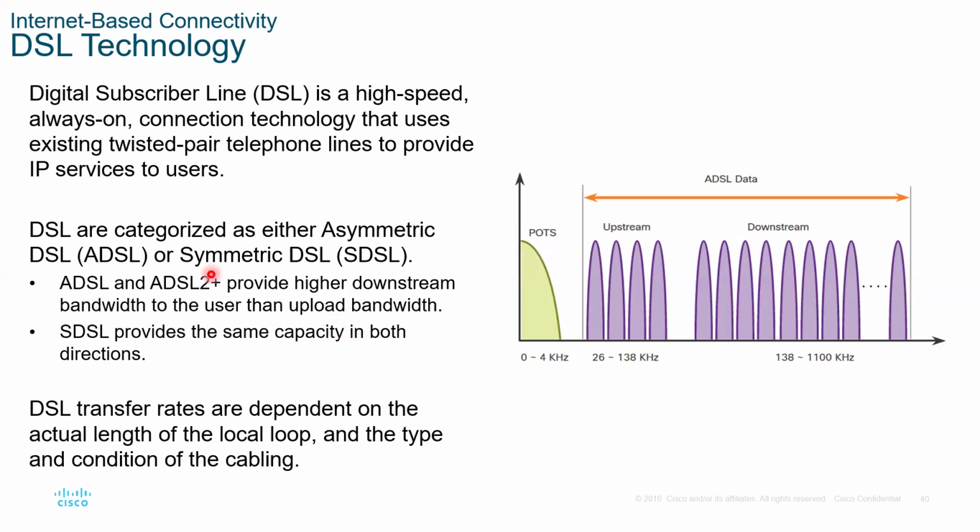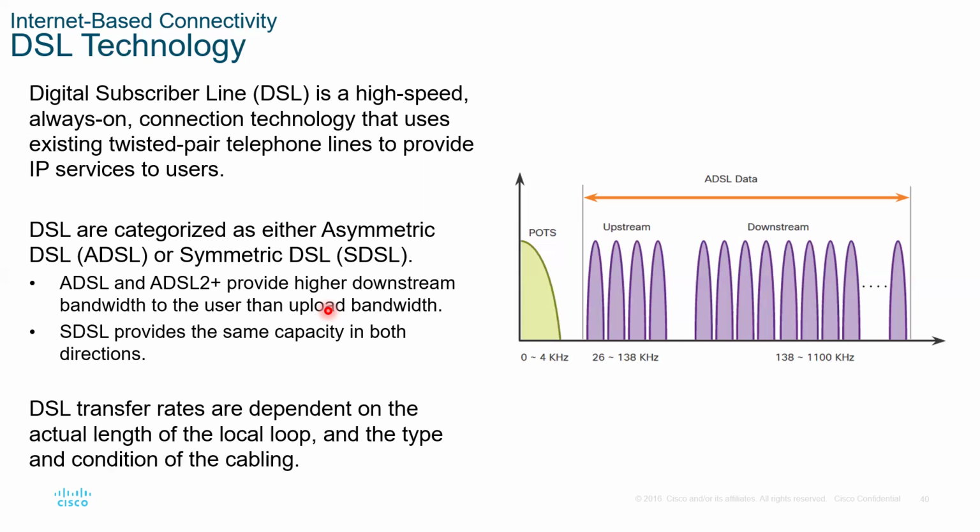Then with DSL, we have the categories asymmetric and symmetric. With asymmetric, the downstream bandwidth is larger than the upload bandwidth. It provides higher downstream bandwidth to the user than upload. With symmetric, it provides the same capacity in both directions.